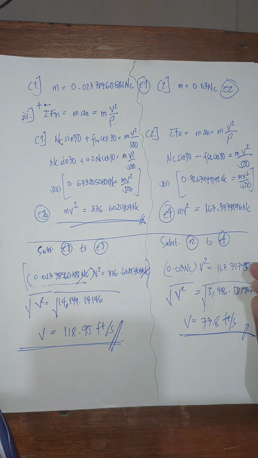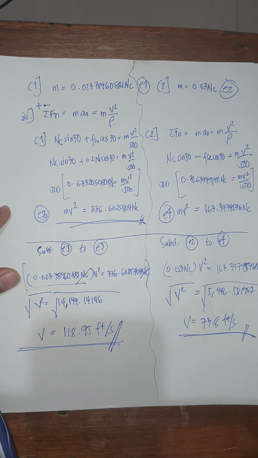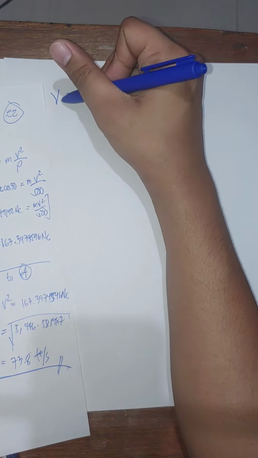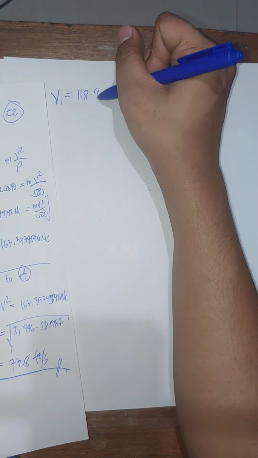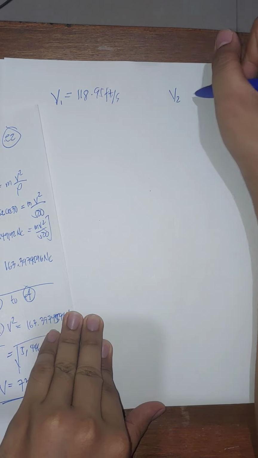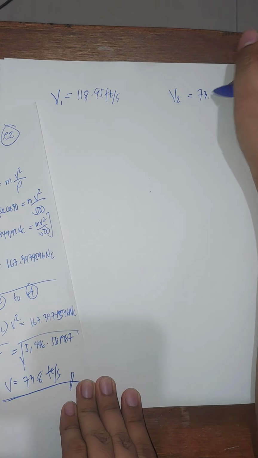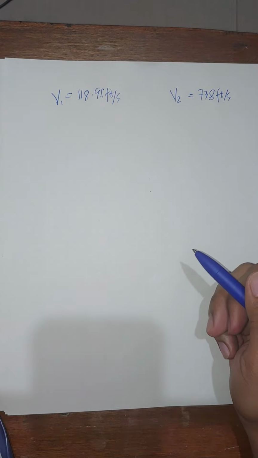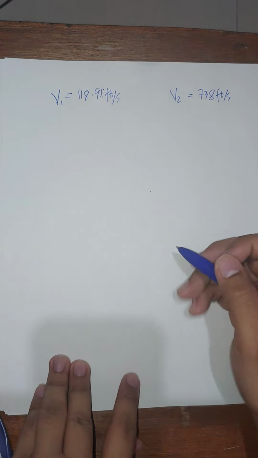Okay, so what does this mean for case 1? Rewriting on the next paper, for our case 1, 118.95 foot per second, and for our case 2, 73.8 foot per second. So what does this mean?